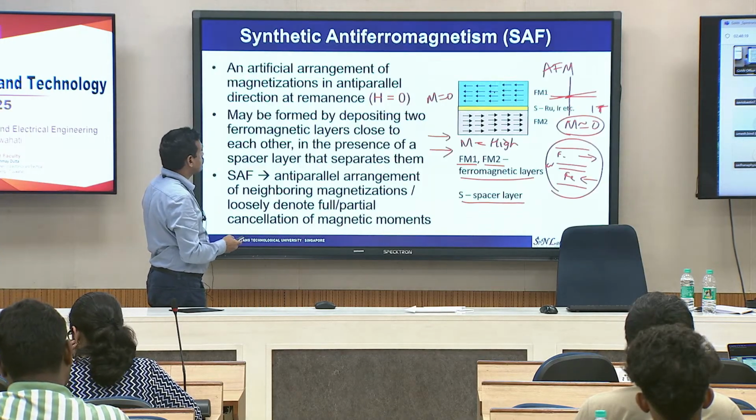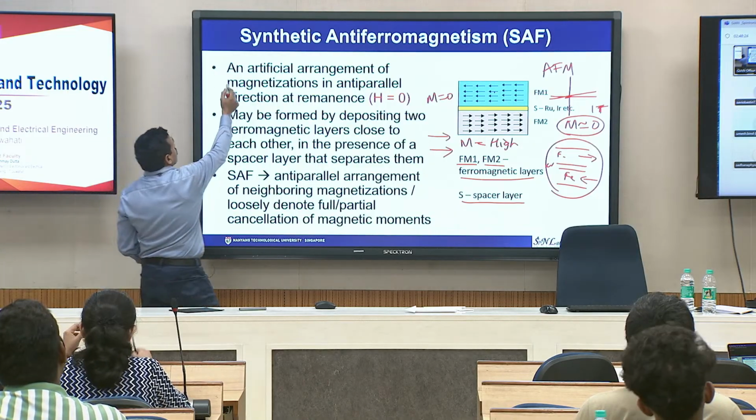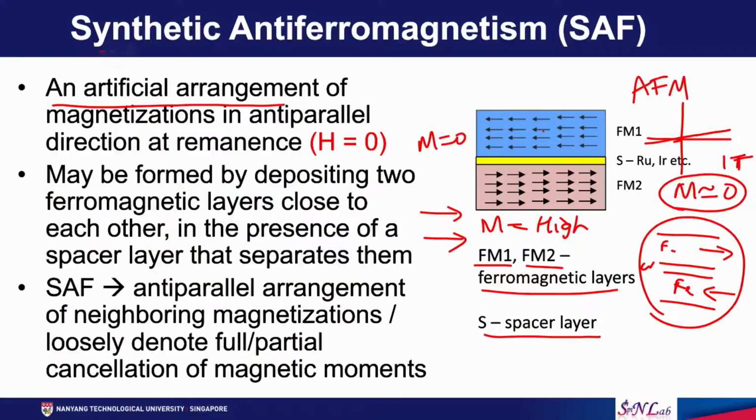Okay, so it's an artificial arrangement. Okay, that's why we have the name synthetic. So, an artificial arrangement of magnetization in antiparallel directions at remanence. Okay, so at 0 field.